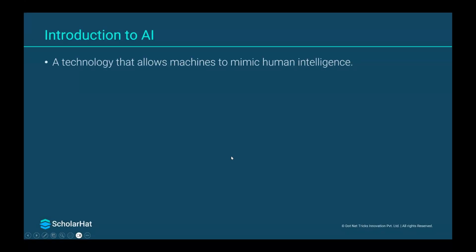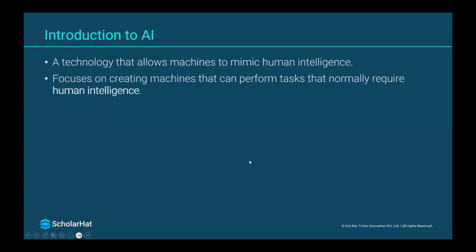AI is a technology that allows the machine to mimic human intelligence. Ultimately, we are making machines capable enough to behave like a human.